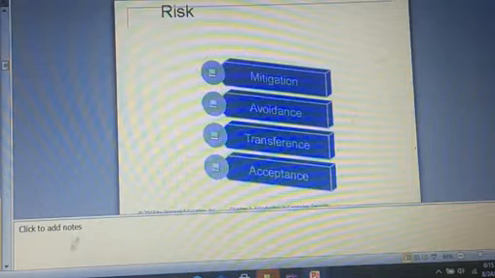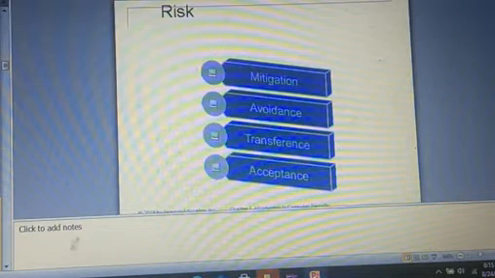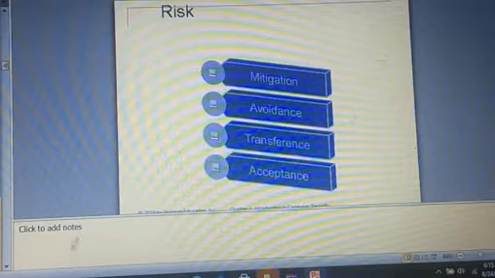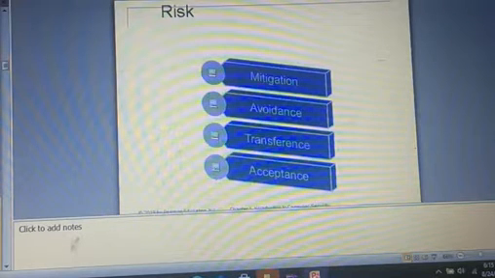And then avoidance is when we eliminate hazards, activities and exposures that can negatively affect an organization's assets. Avoidance, as the word means, is rather to avoid something.